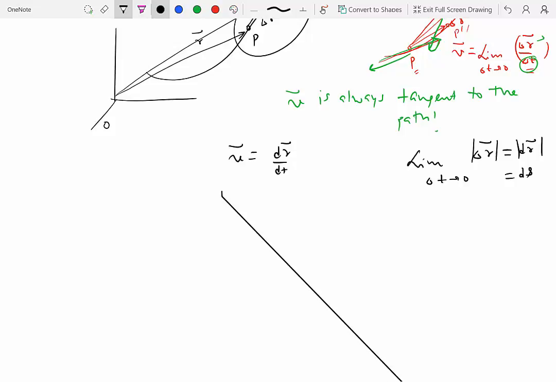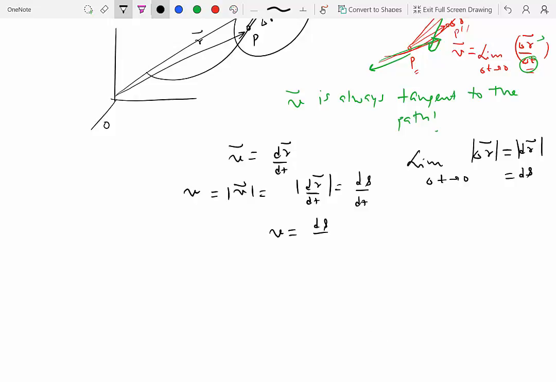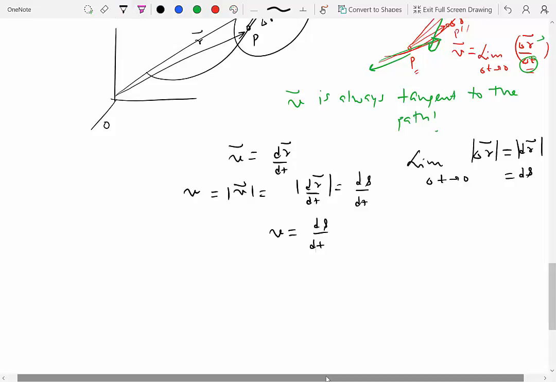If I take the magnitude of v, we get ds over dt, where ds is the distance traveled along the curved path. The magnitude of v we simply write as v, with no vector arrow on top, so it's a scalar quantity. So speed is defined as ds over dt. That's the magnitude part of the velocity, which we call speed as well.